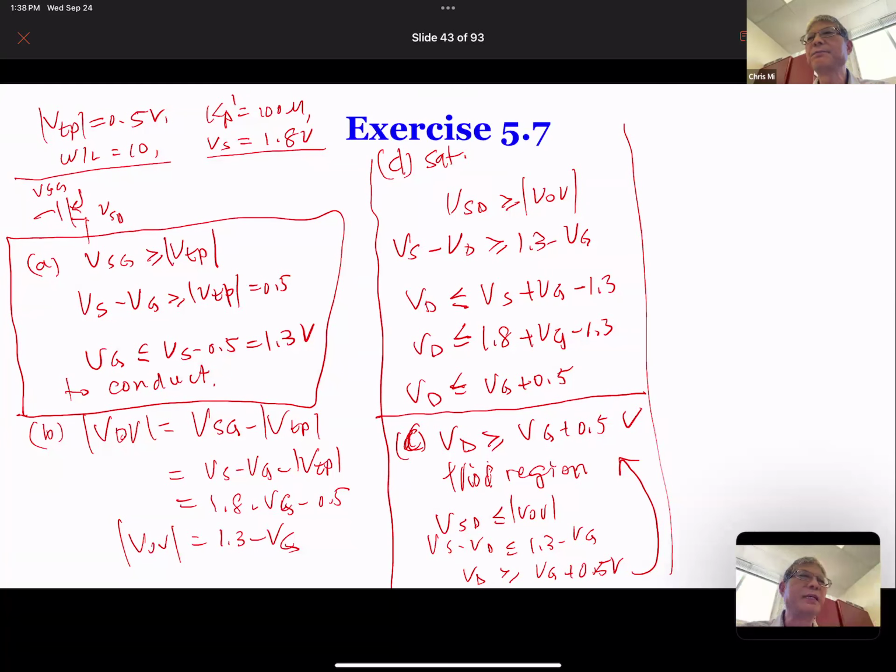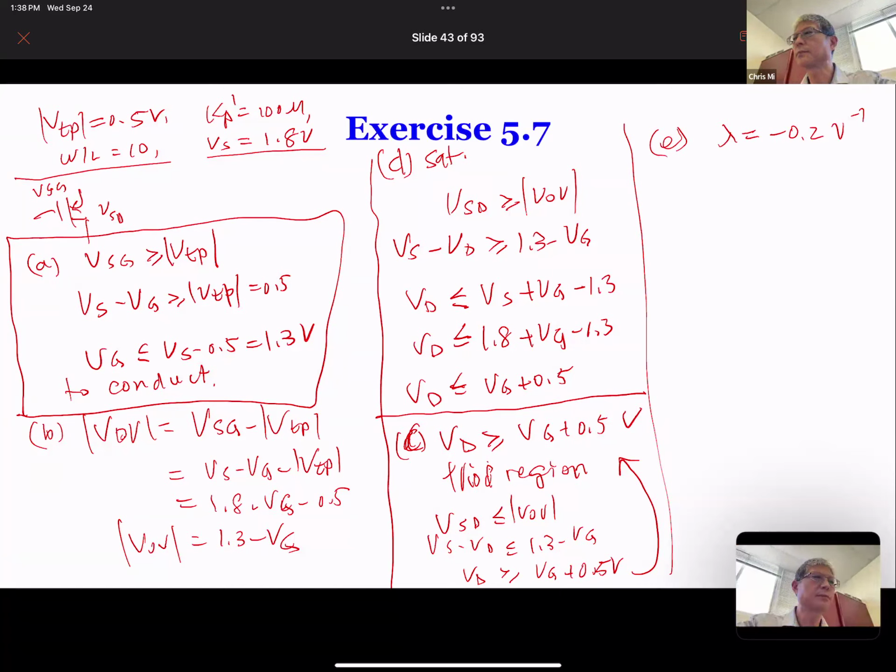Now we're going to go to E. E asks you, now it's imperfect. It gives you lambda of minus 0.2 per volt. And from here, we want to find RO. We know that VA equals 1 over lambda.